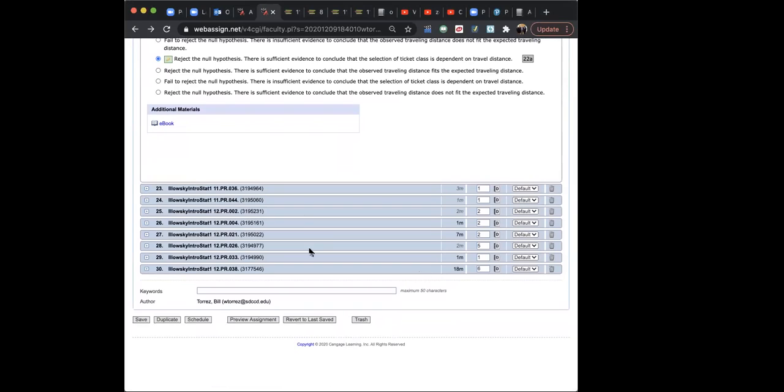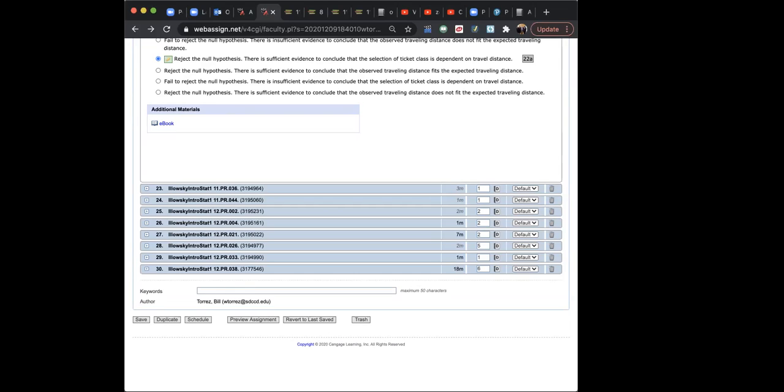And what's the other way of making a decision? Well, you could calculate the critical value for the chi-square test at level 0.05. That'll give you some value here on the x-axis, and then you compare your test statistic with the critical value.